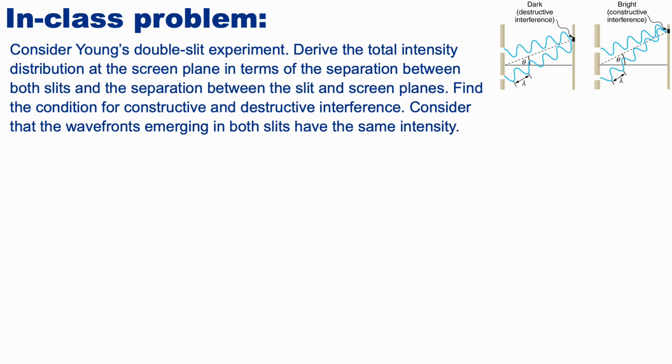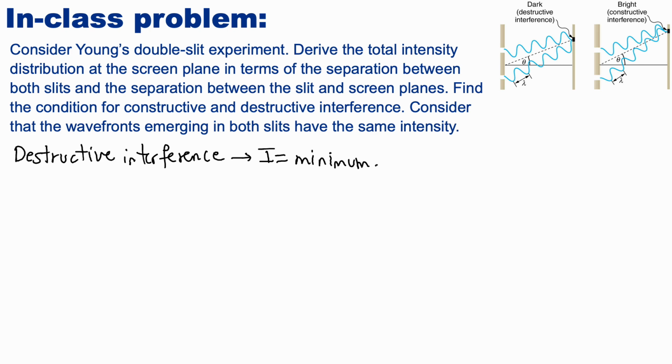So what is going to happen for the destructive interference? We say that this is when the intensity is minimum, and in fact it's going to be equal to 0 because both holes transmit the same intensity.